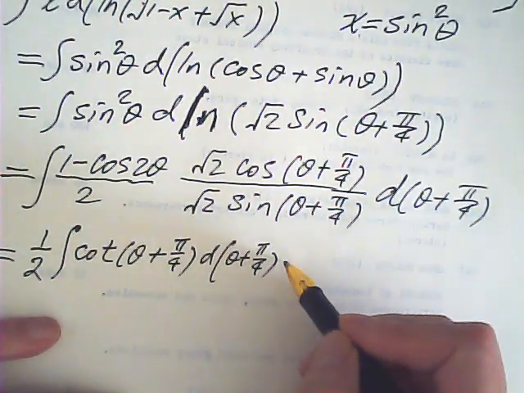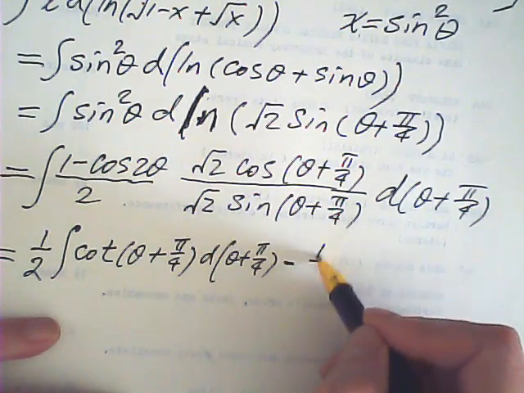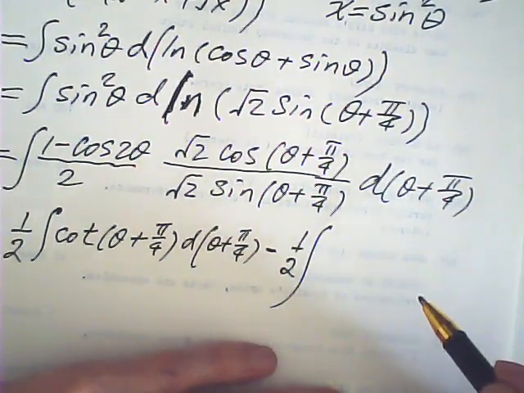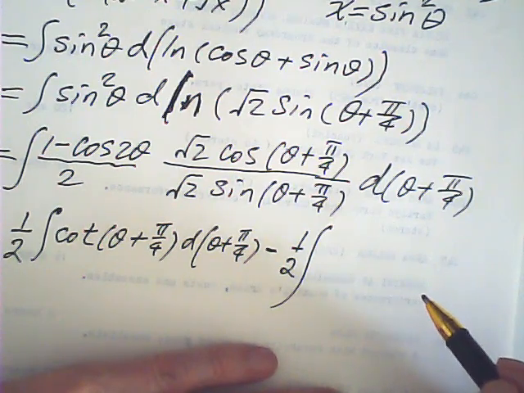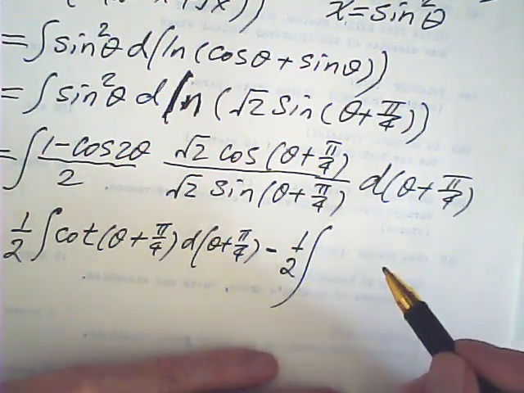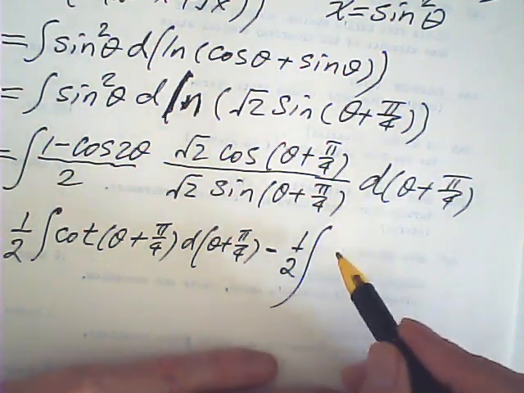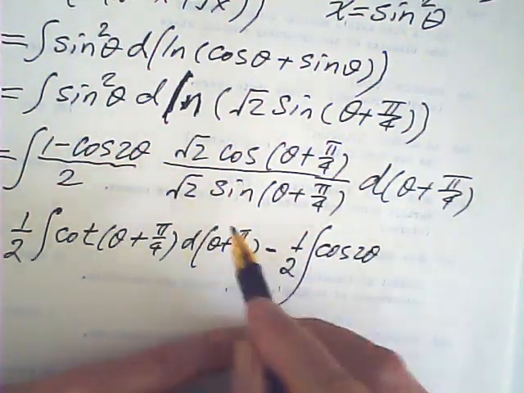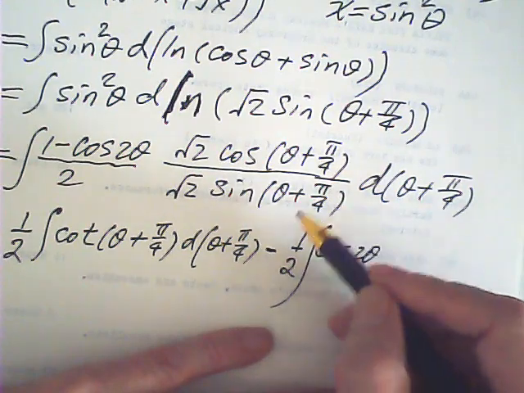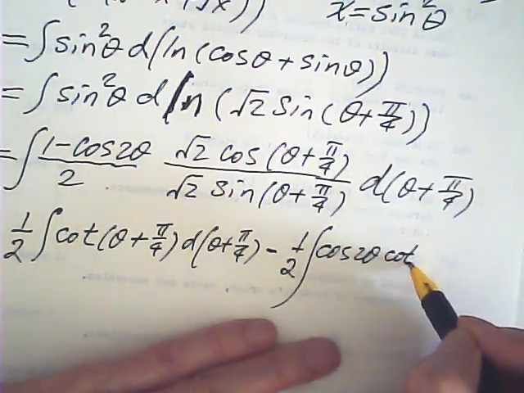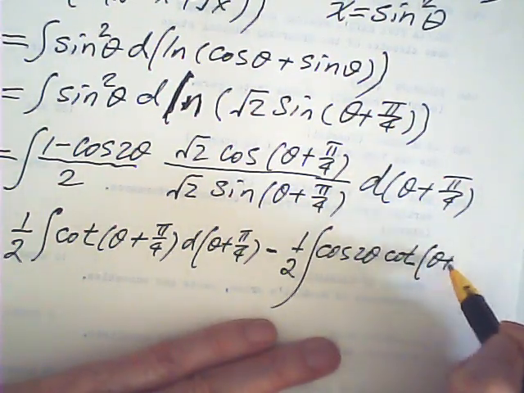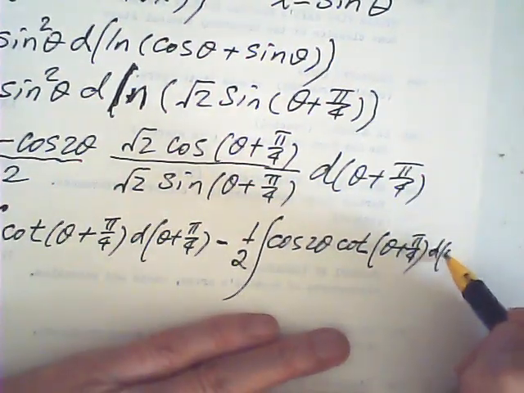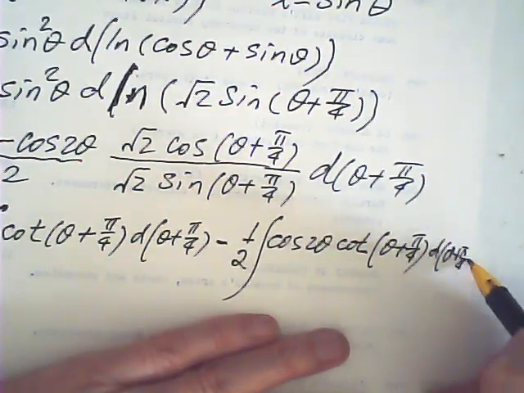The second part: minus 1/2 times the integral of cosine 2 theta times cotangent of theta plus quarter pi d of theta plus quarter pi.